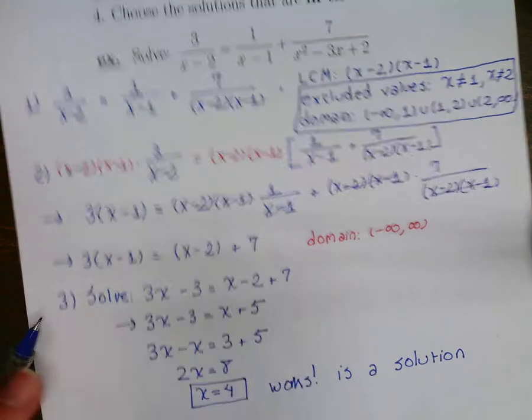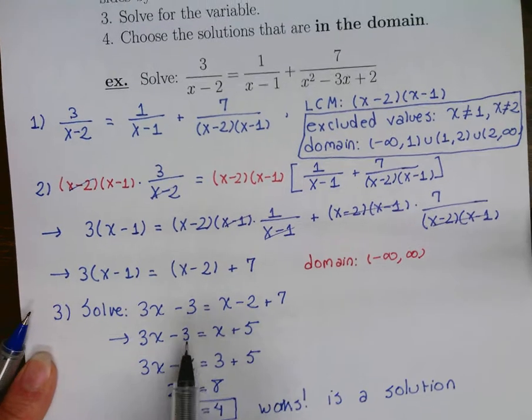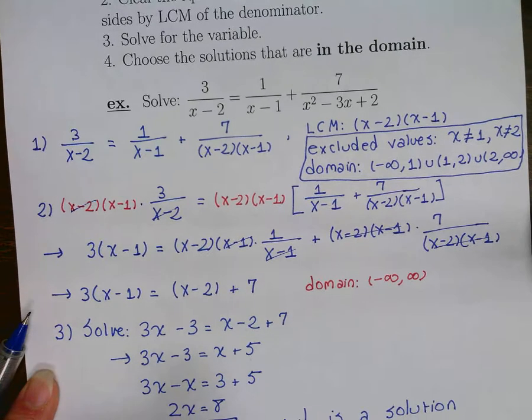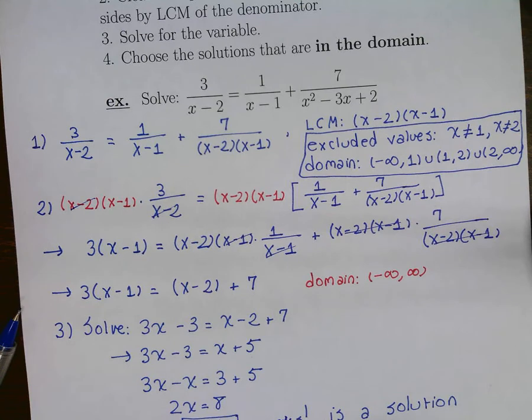And again, if you want to check in the original, I just go back to my original equation and plug in 4 wherever I see an x. And the question is, is that equal to 1 over 4 minus 1 plus 7 over 4 squared minus 3 times 4 plus 2. And check that out. 3 over 2, is that equal to 1/3 plus 7 over, let's see, 16 minus 12 is 4 plus 2 over 6.